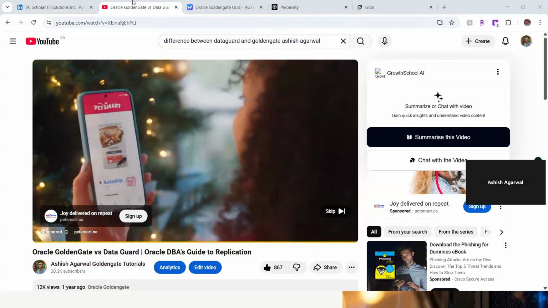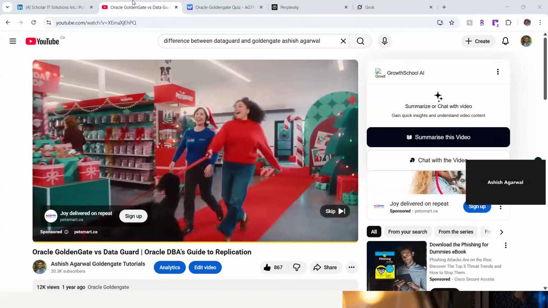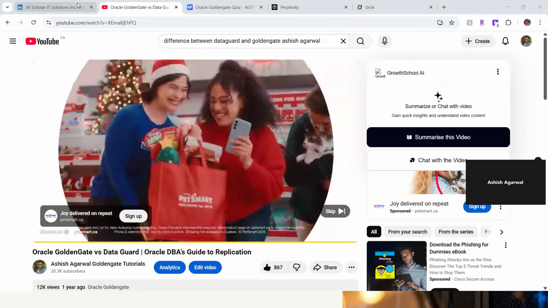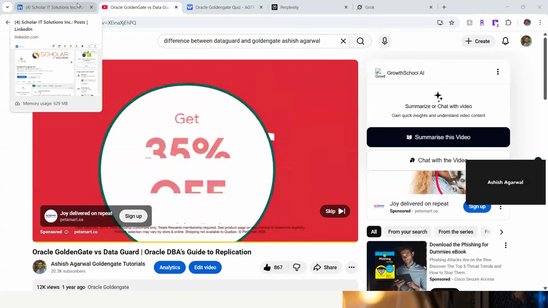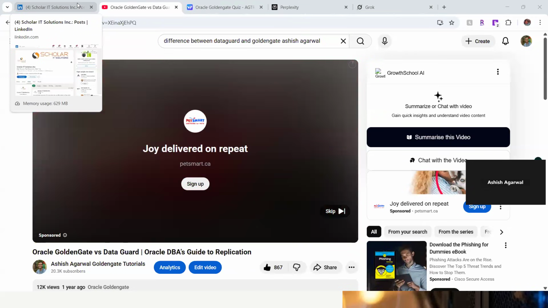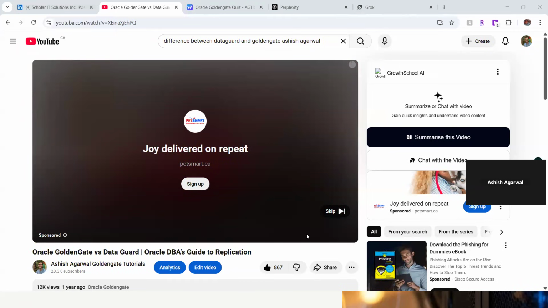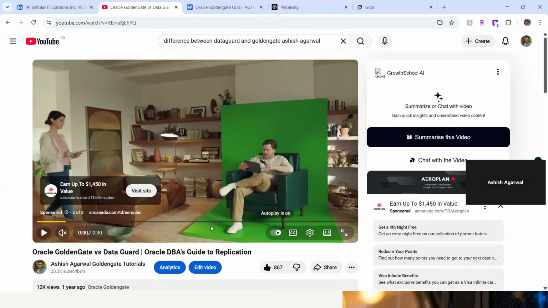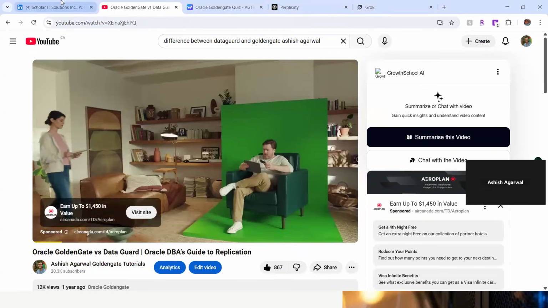Okay, so there are tools available in the market, and still GoldenGate is the most popular tool. What is the reason behind it? Why is GoldenGate the most popular tool, even though it has a lot of competitors in the market?